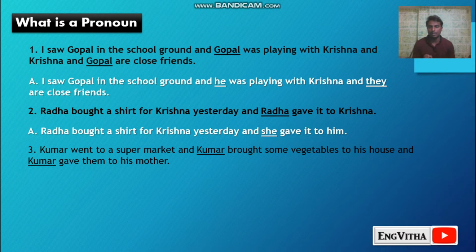Here if you observe, the noun Kumar is used more than one time in this third sentence. We almost use it three times in this entire sentence, the noun Kumar.